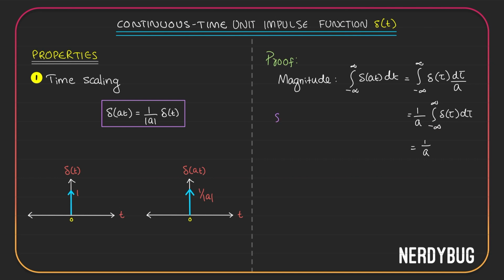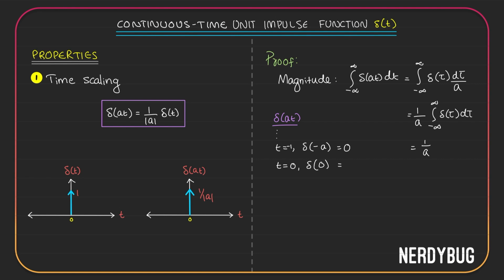To get the position, let's take delta of AT. Let's give random values to t. If I give t equals minus 1, then delta of AT will be delta of minus A. But we know delta of t only has value at 0. If I take a point minus A over here, you can see the value is 0. So there is nothing. If I take t equals 0, I get delta of AT, t is 0, so delta of 0.